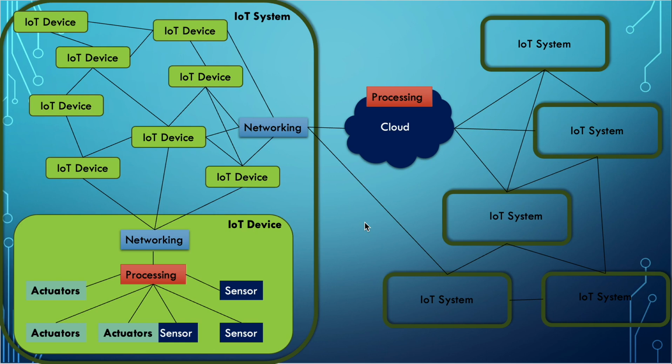In the IoT device itself, networking is involved. When you take IoT, cloud computing is involved, talking through the internet is involved, but again, the same network scenario can be applicable in an IoT system itself.